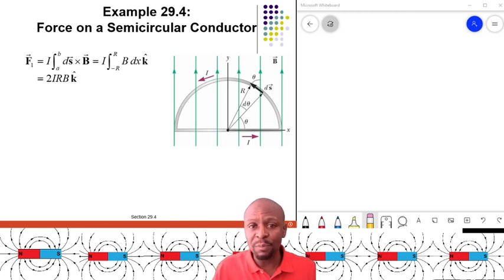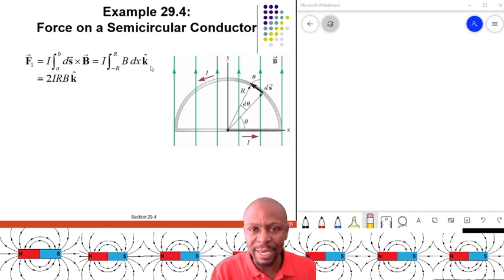Now I take the integral because I'm moving from minus R to R. When I am moving from here to there, this is R, but when I'm moving from there to there, it's minus R. Then the magnitude of B and dS is nothing else but dx.